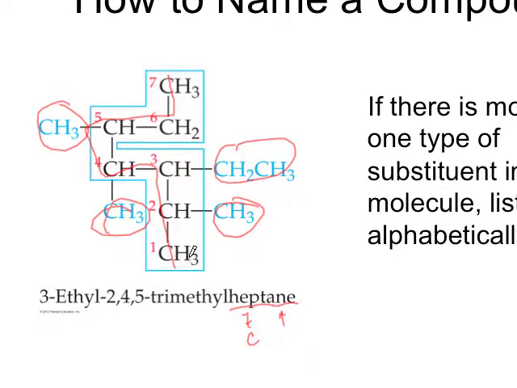Now, the substituents. I have a methyl, a methyl, and a methyl, and an ethyl group. I want to number them so that they have the lowest numbers, okay, for substituents.